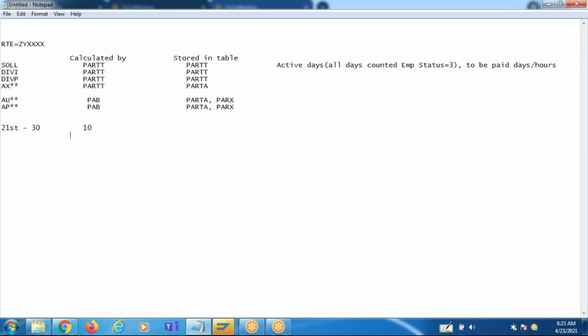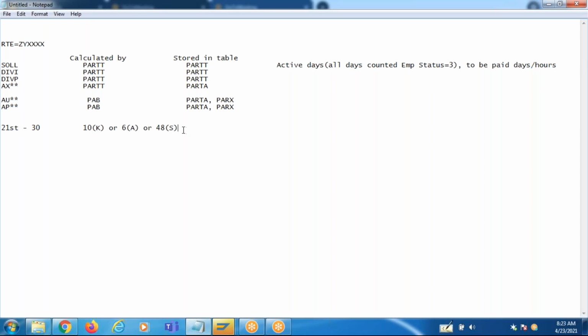So it could be 10, or it could be 6 if you count in working days, or it could be 48 working hours. When you count it, if the second digit is K, it is 10. If the second digit is A, it is 6. If the second digit is S, then it is this.